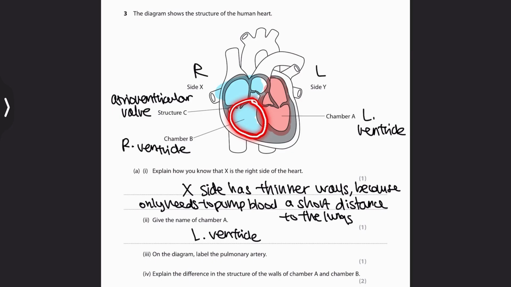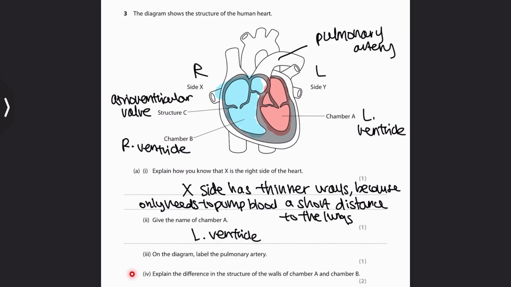And if it's going to be artery, that's got to be coming from the ventricle. So it's got to be this blood vessel that is linked to the right ventricle, because that's where all the deoxygenated blood is. So therefore this is the pulmonary artery.